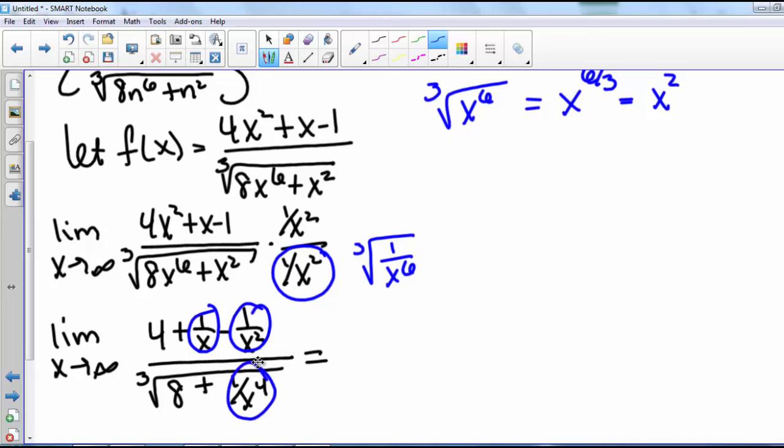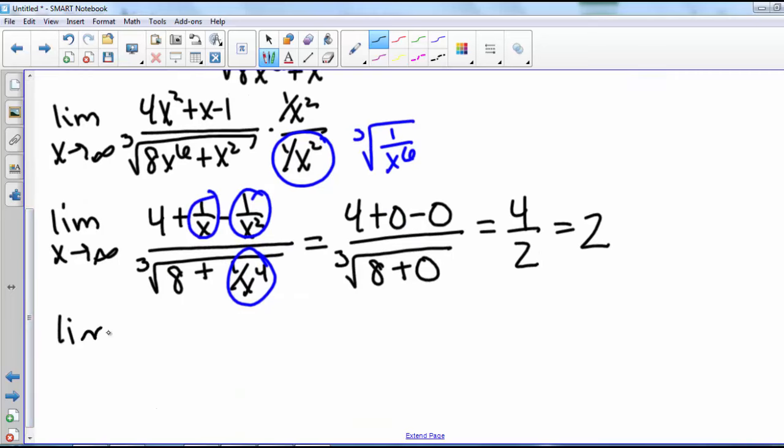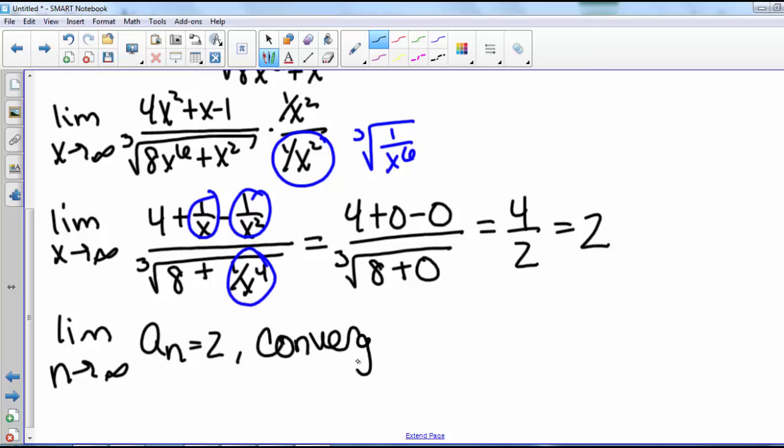So we have 4 plus 0 minus 0 over the cubed root of 8 plus 0. So that equals 4/2, which equals 2. So this tells us that the limit as n goes to infinity of our sequence a sub n equals 2 and converges.